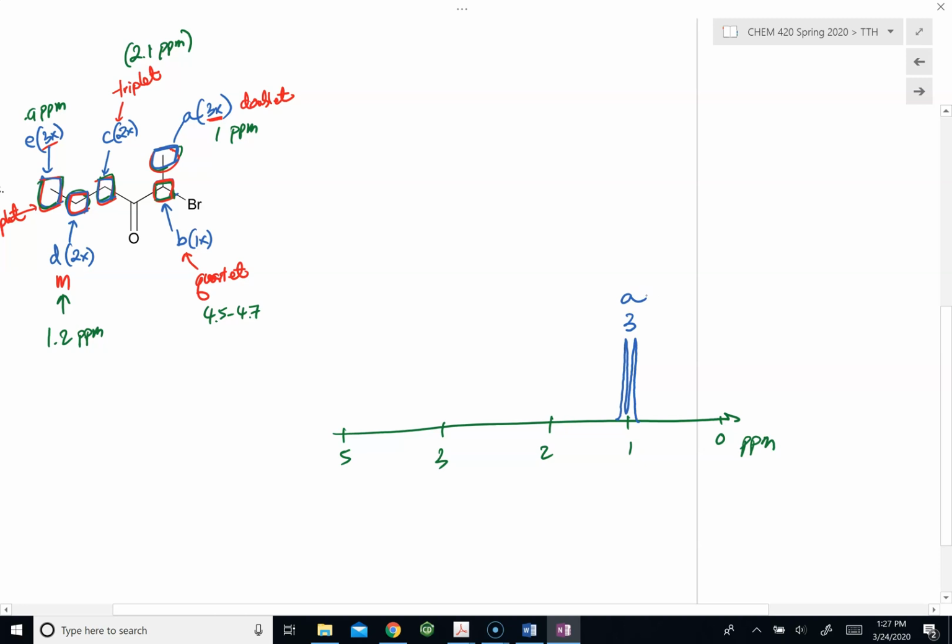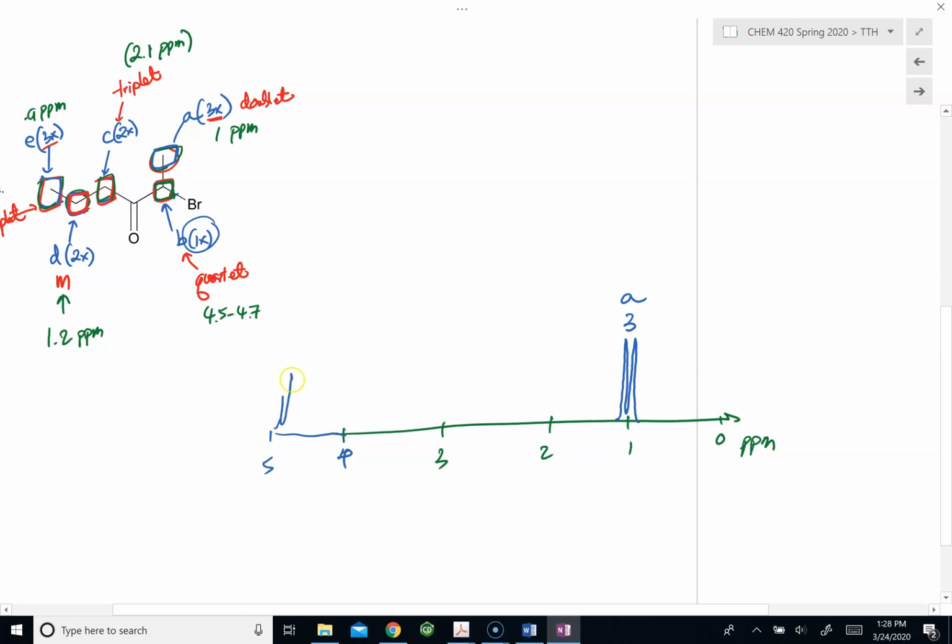And now signal B would then be at about 4.5 to 4.7 ppm as a quartet. And overall, it has 1 times the intensity. So we would then go to 4.5 to 4.7 ppm. And in this case, a quartet with overall intensity equal to 1.